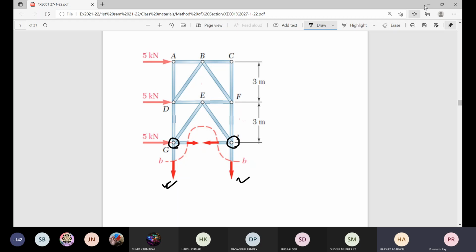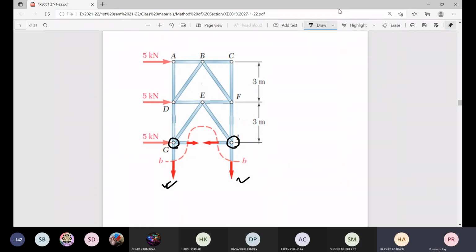Anyway, we were talking about this. So any moment center will give you the value of the required member force, and sigma Fy equal to 0 will give you the other one.